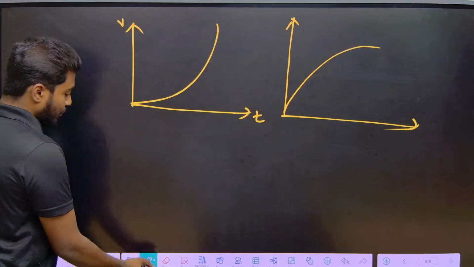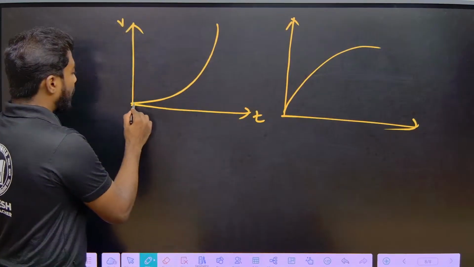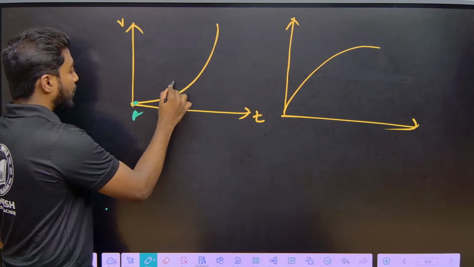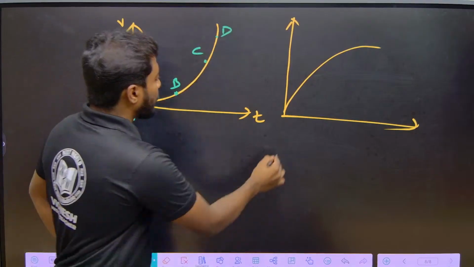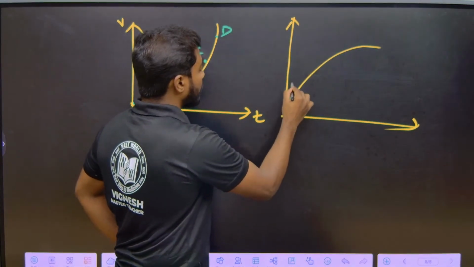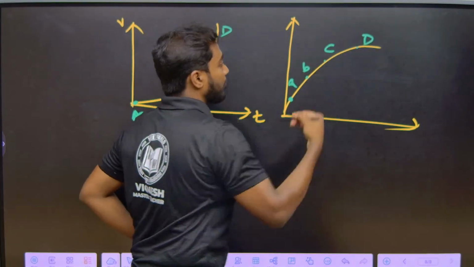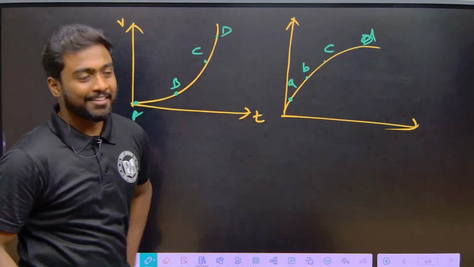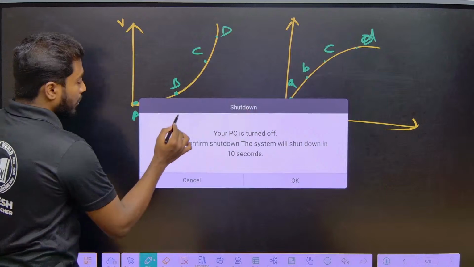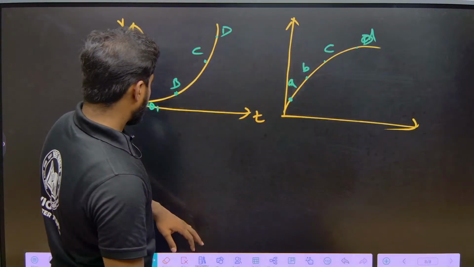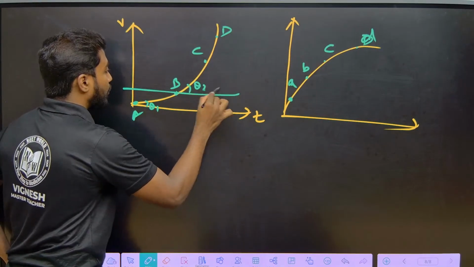If I talk about the angles, this is point A, this is point B, this is point C, this is point D. For this one, this is point a, B, C, D. Okay guys, this is theta 1, this is theta 2.